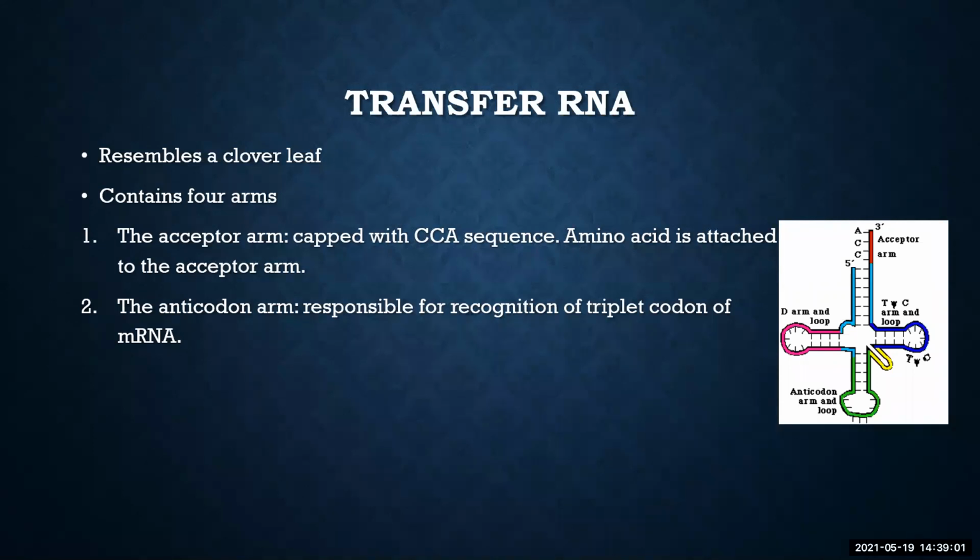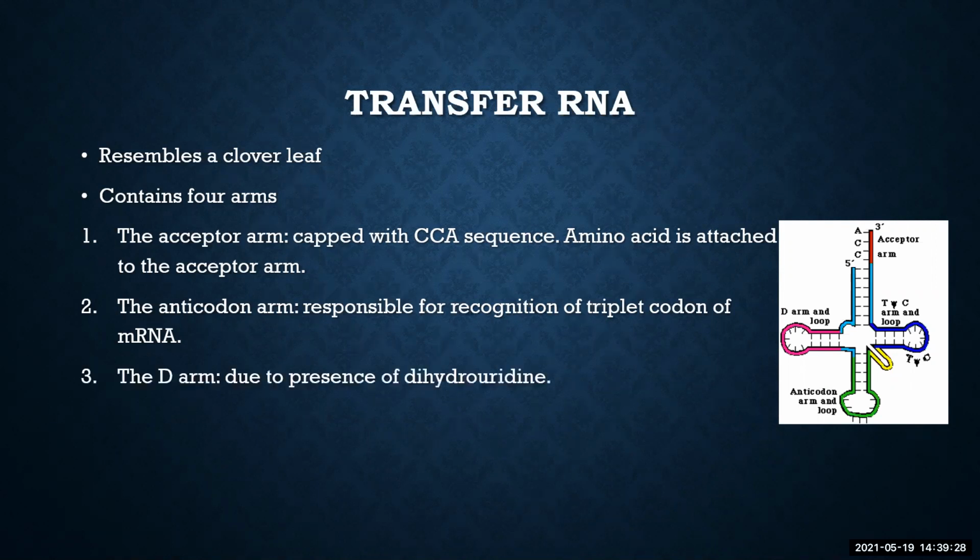This triplet codon is read by the anticodon arm. So it recognizes, and that gives the information to the tRNA about which amino acid to bring and attach. Based on the information that is read at the triplet codon by the anticodon arm, the acceptor arm will accept the specific amino acid, and then it will bring it for attachment.